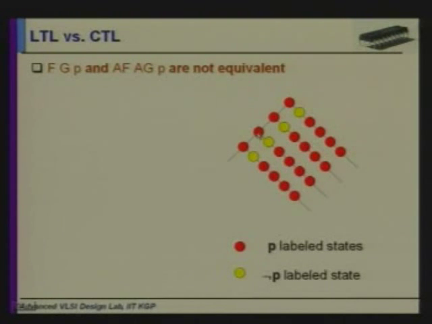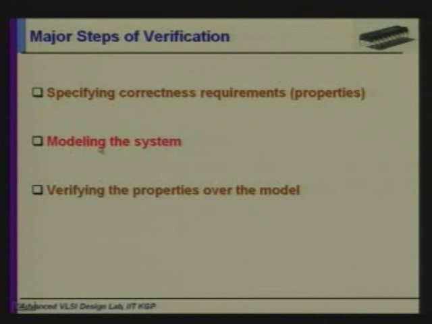In this path, we don't have a state from where always global P is true, because whatever states you take from this path will refute holding this property. That is the difference between the expressive power of LTL and CTL. There are more examples, but I will not go into the details.